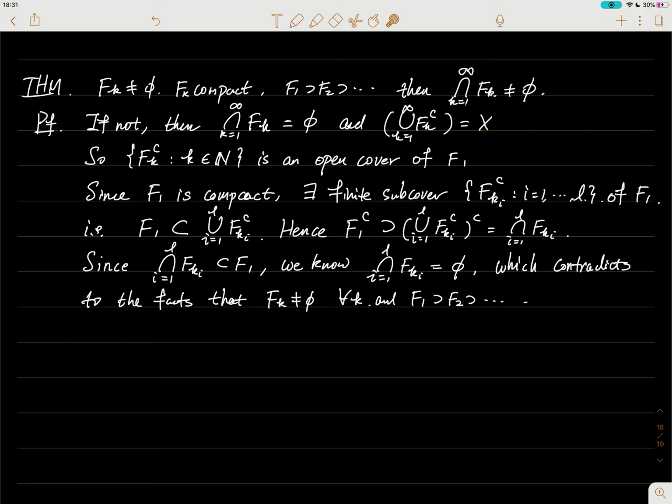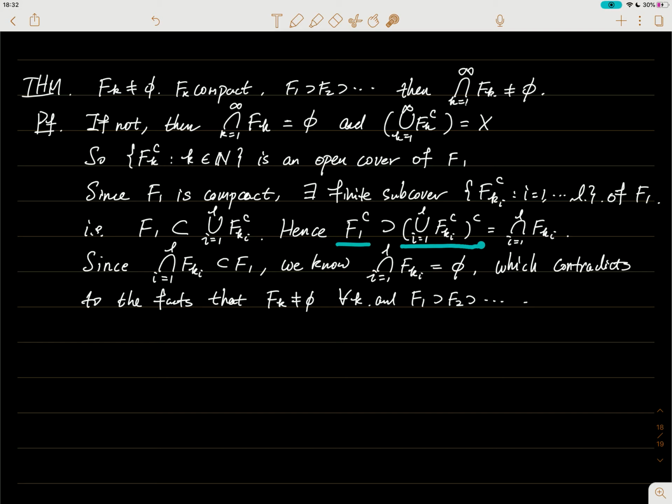So this is the finite subcover. As I said, F1 should belong to the union of them. And that means the complement of this will belong to the complement of that. So F1 complement will contain the complement of this union.